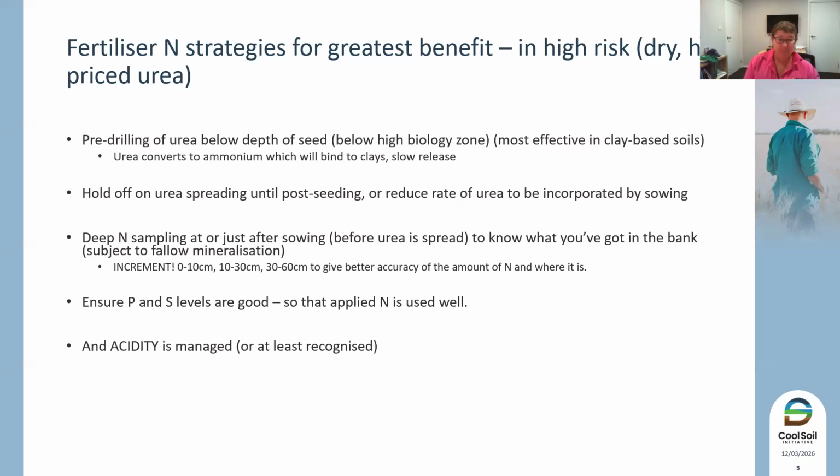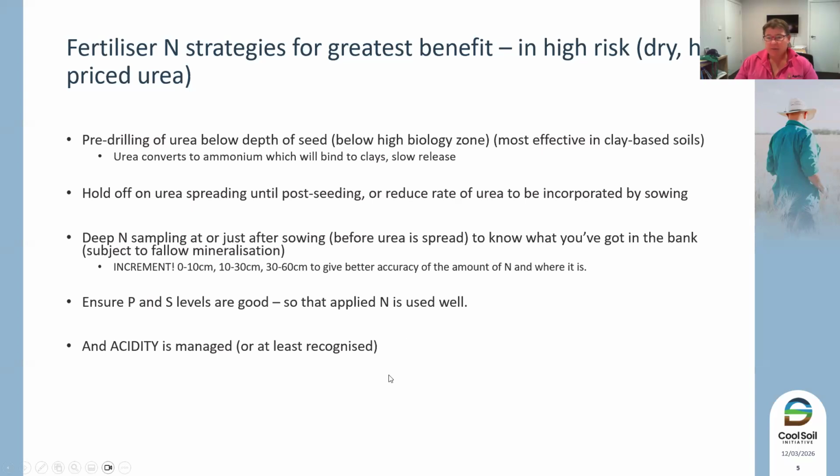Example is I was talking to a farmer this morning who has aluminium levels up to 49% in the top 20 centimetres. Yes, Greg, it can happen. And he was considering growing canola in that paddock this year. We talked it through, given that he's likely to get some good rain to consolidate his lime incorporation prior to sowing, and knowing canola is a high risk post-lime cultivation anyway, he decided that that wasn't the paddock to invest money into canola this year, just due to all the risks around being able to set that crop up well and then continue to supply.